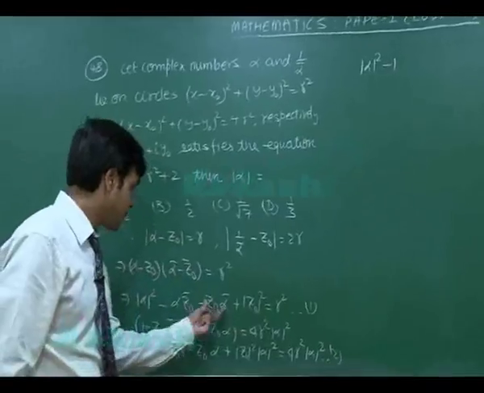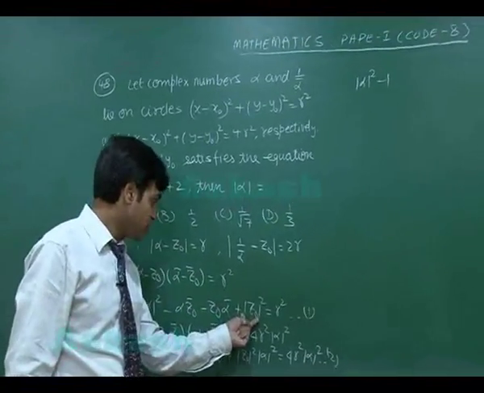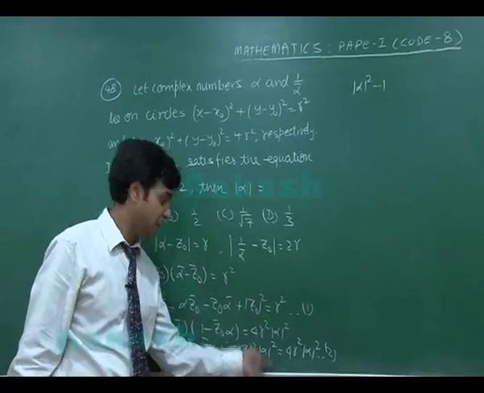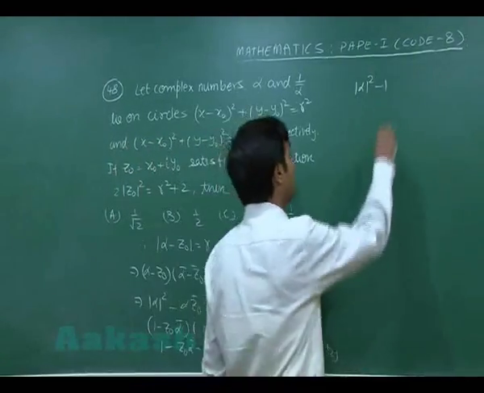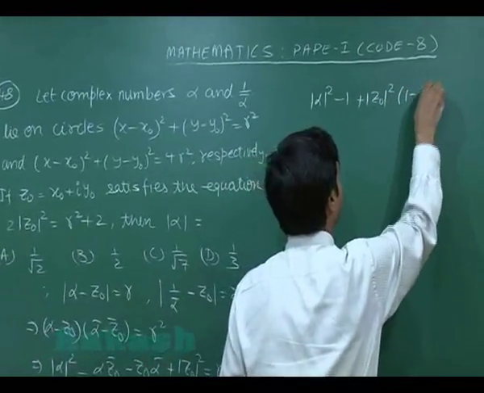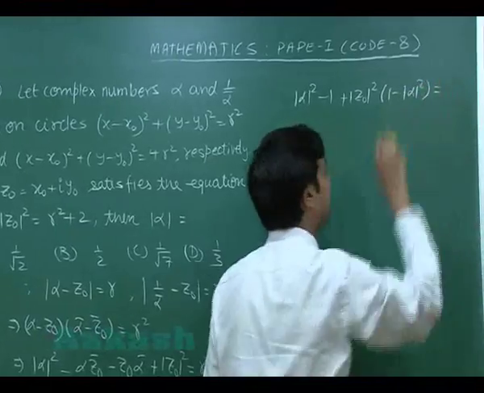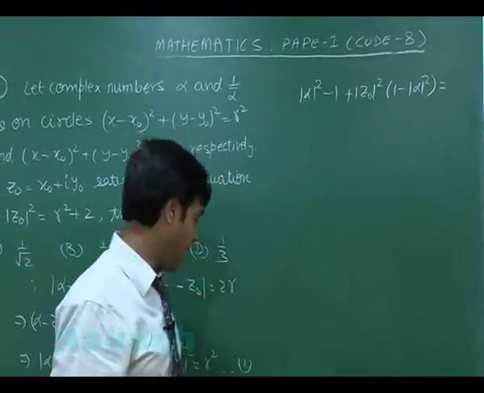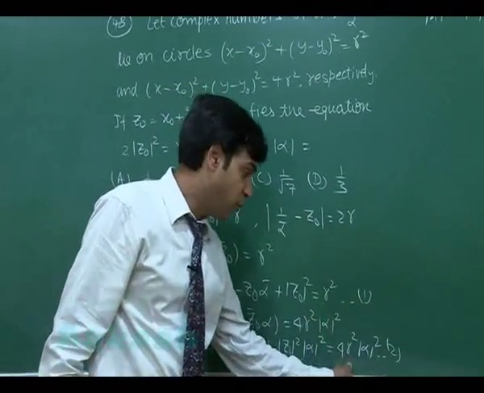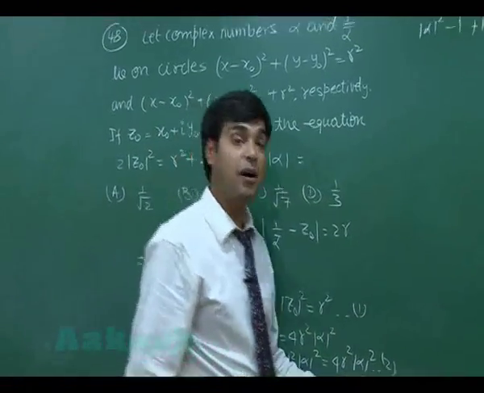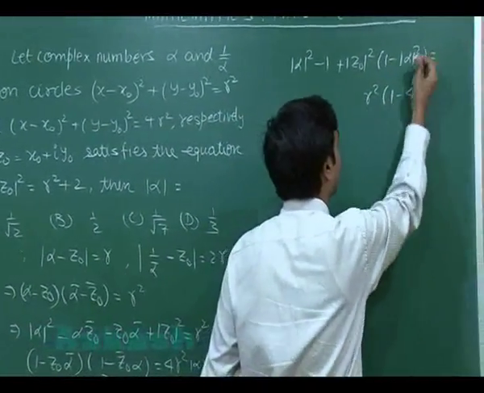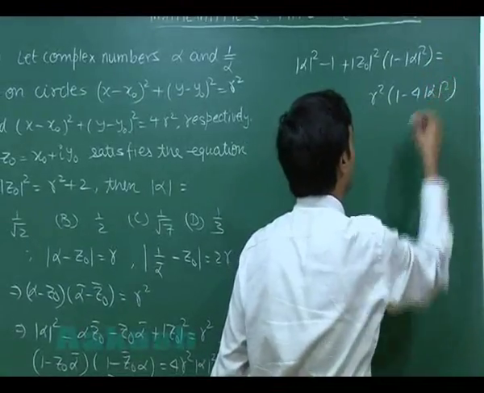Next, this is mod z naught square, here mod z naught square mod alpha square, so subtraction again, so plus mod z naught square times (1 minus mod alpha square) is equal to, on the right hand side, r square minus 4r square mod alpha square, that is r square into (1 minus 4 mod alpha square).